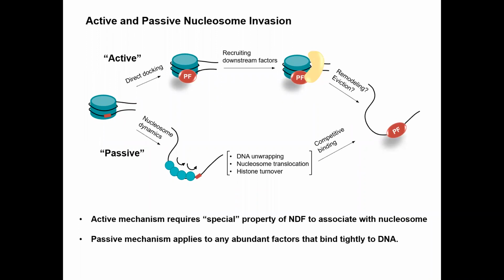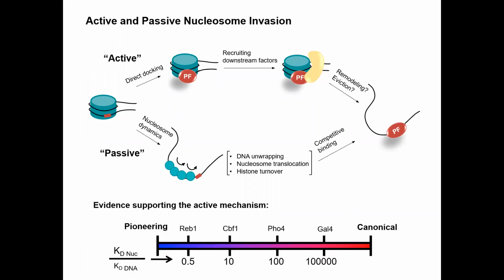So if you think about the biochemistry experiments we did, the pioneer factors here, Reb1 and CBF1, seem to have higher affinity on the nucleosome than on the DNA. So their relative binding affinity on the nucleosome and on the DNA is correlated with their pioneering activity. And that certainly supports the active mechanism.